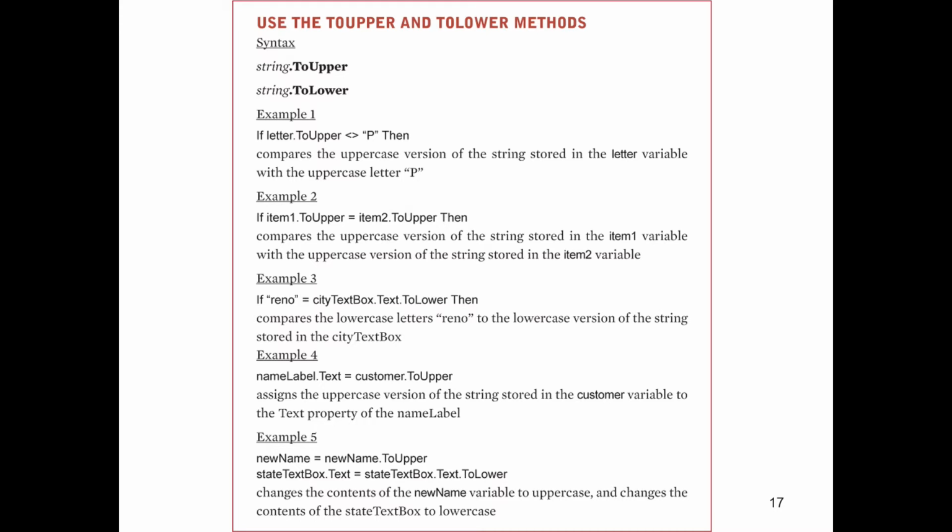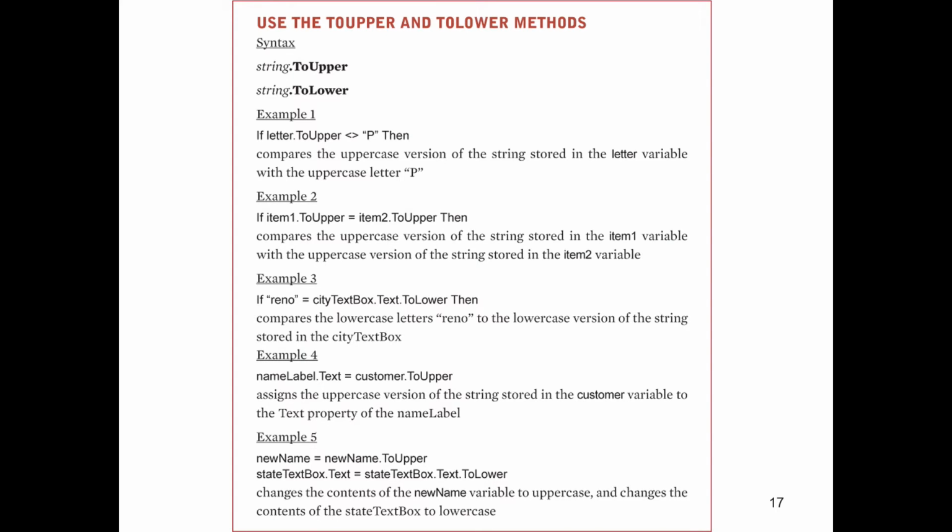An example of permanent upper or lower casing is example 5, where you have a text box or some string called NewName, and you convert it to total upper casing. That means NewName equals NewName dot ToUpper, so it just got updated permanently to upper casing.